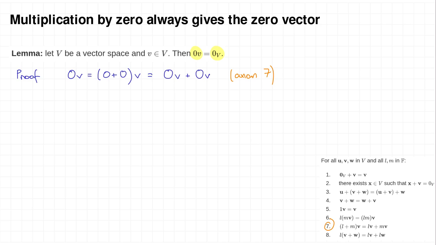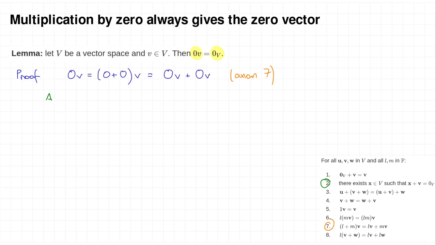Okay, now what Axiom 2 tells us is that for every vector in V, there is an additive inverse for that vector. In other words, you can find a thing x such that when you add it on the left, you get the 0 vector.